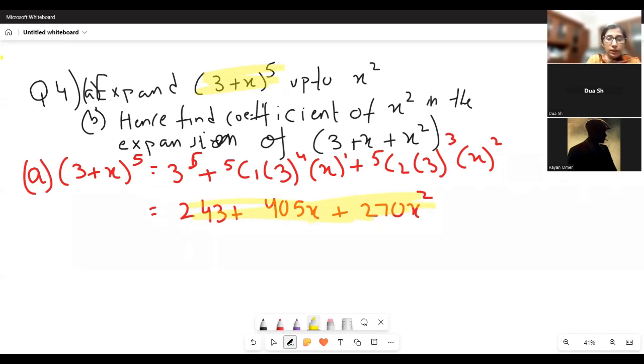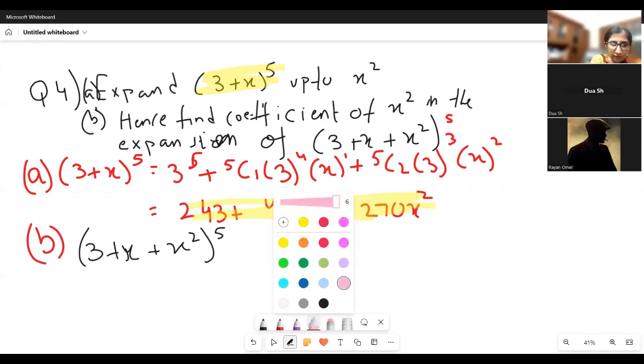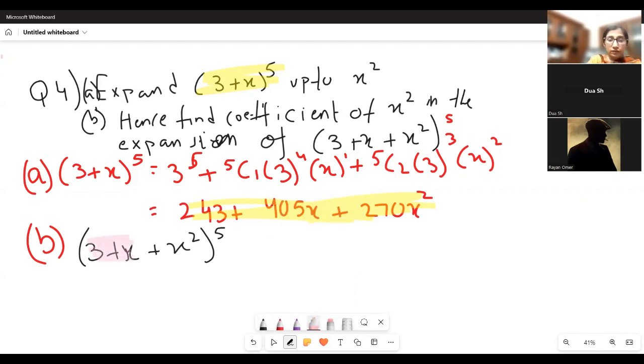Okay, part B. In part B, we have to use the result of part A to expand this power 5 over here. So to expand (3 + x + x squared) power 5. Since it says hence, and in the previous part we have an expansion of (3 + x)^5, we will consider this as a, so (3 + x) is our a, and this is our b.